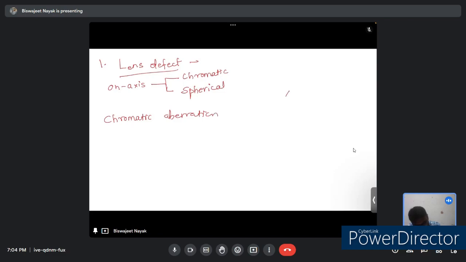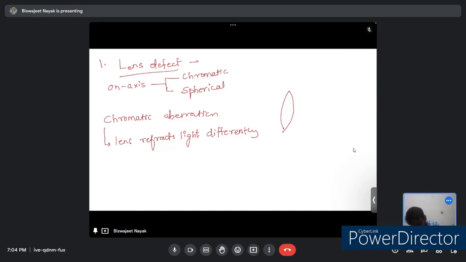So this chromatic aberration occurs because the lens refracts light differently, depending upon the wavelength.